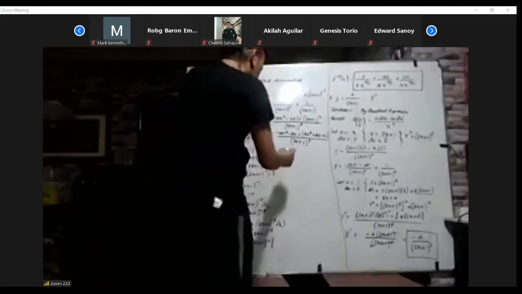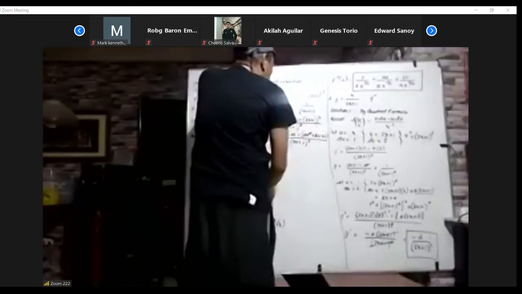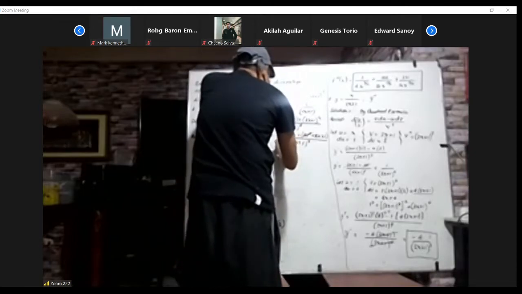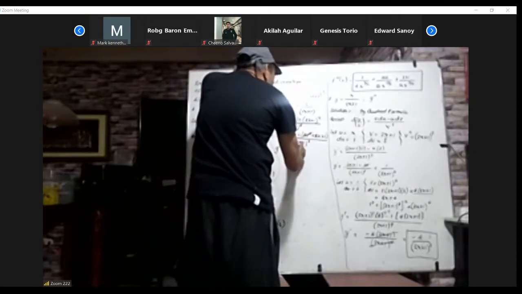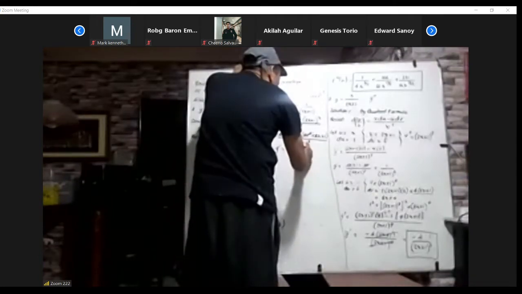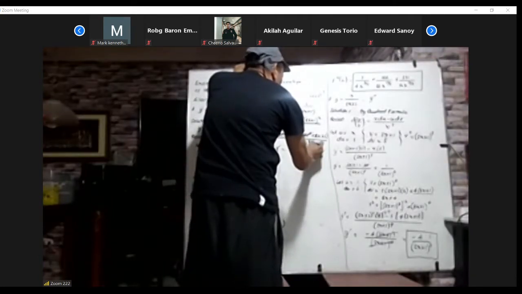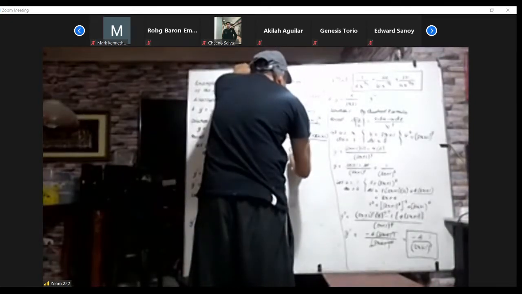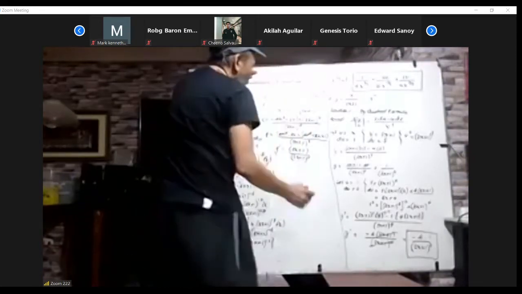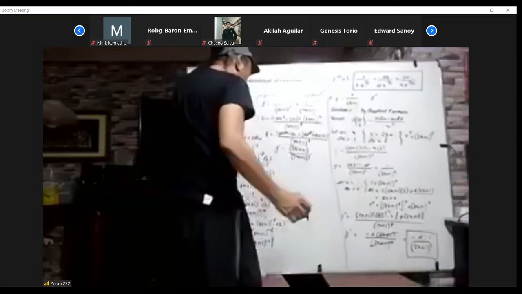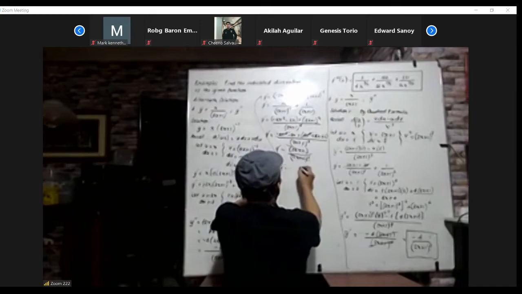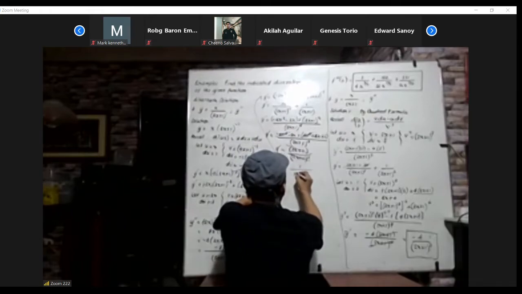Makikita natin, magka-cancel ito. Then negative 2x plus 4x, magiging derivative of y is equal to 2x plus 1 all over 2x plus 1 cubed. So makakancel natin ito, magiging y derivative is equal to 1 over 2x plus 1 squared.